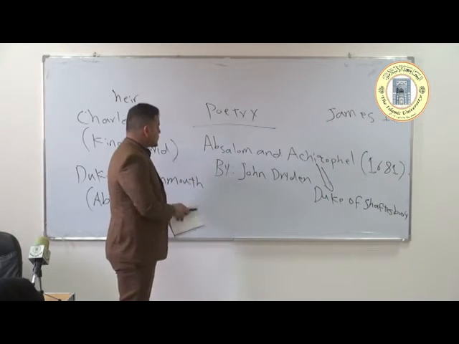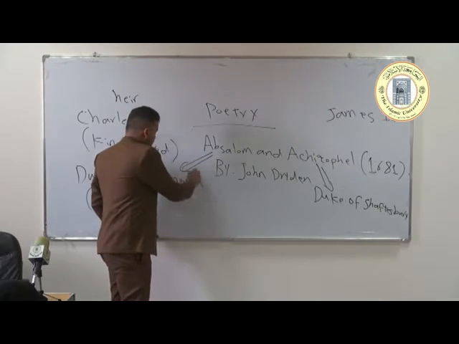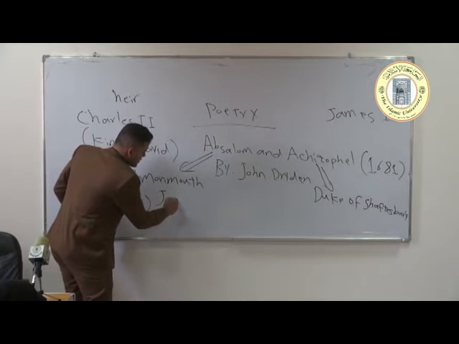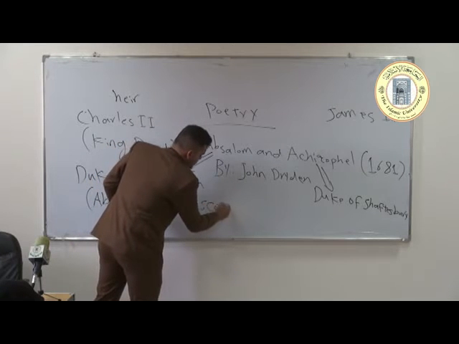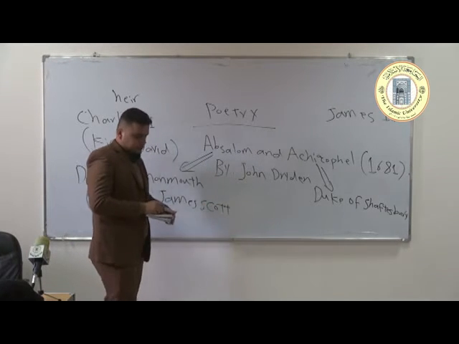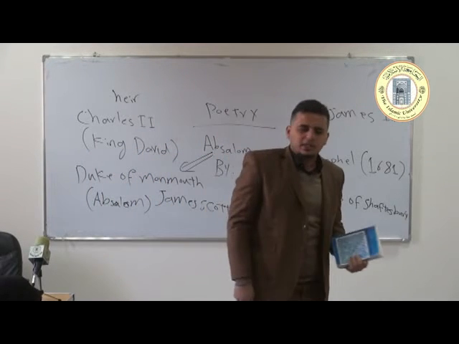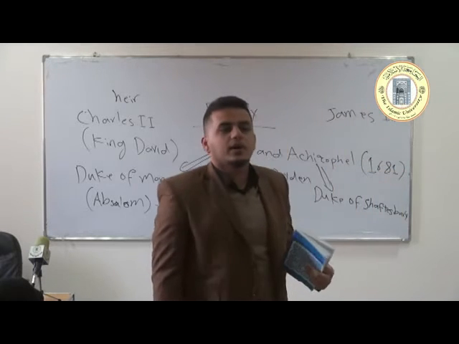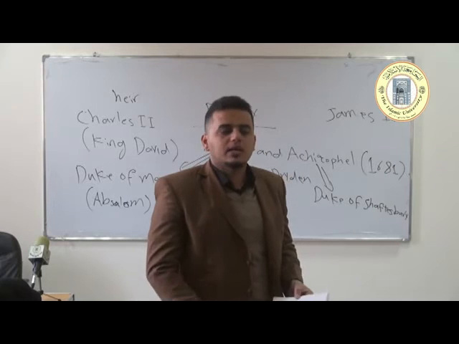One of them is Absalom. And his personal name is James Scott. James Scott was an illegitimate son, but he was at the same time a supporter of the Protestant cause.